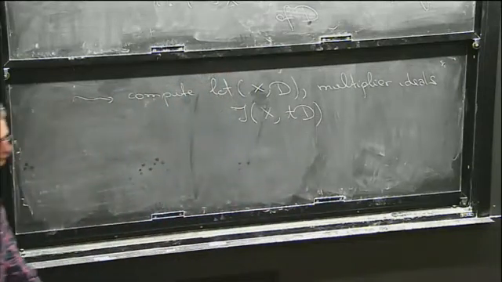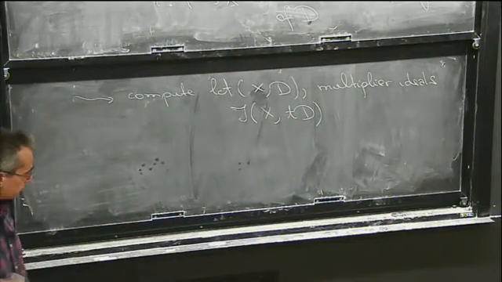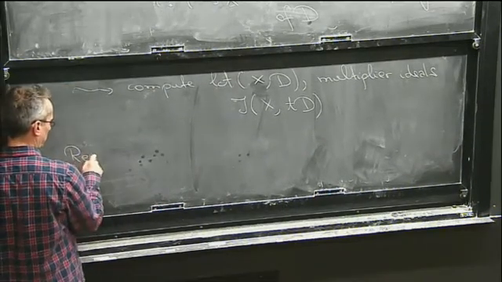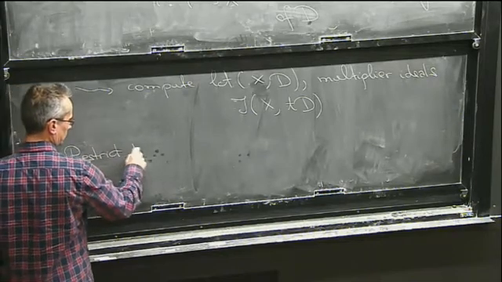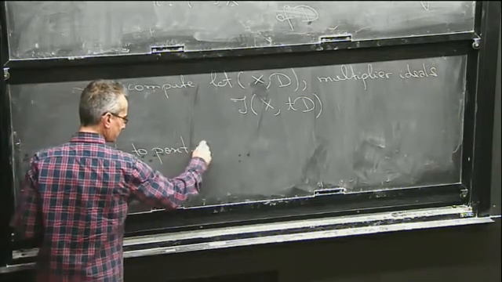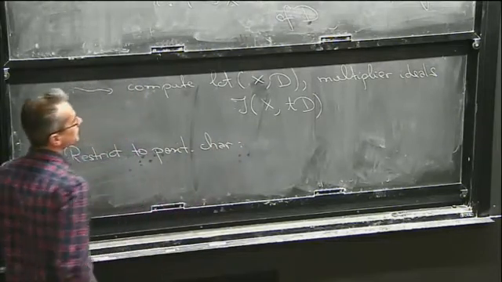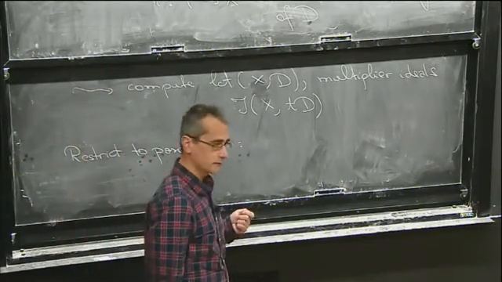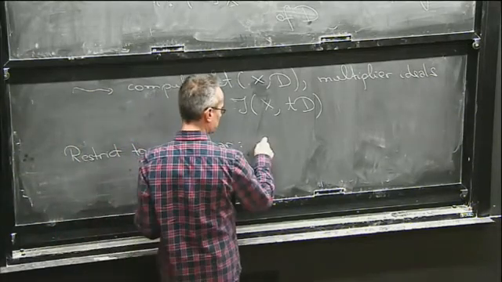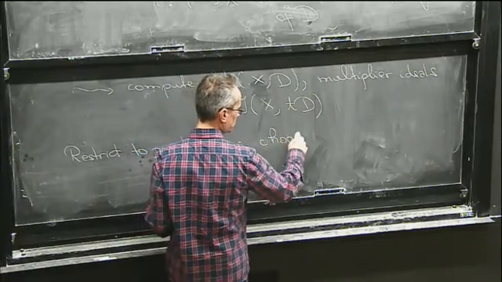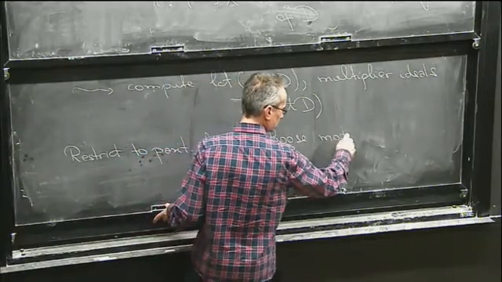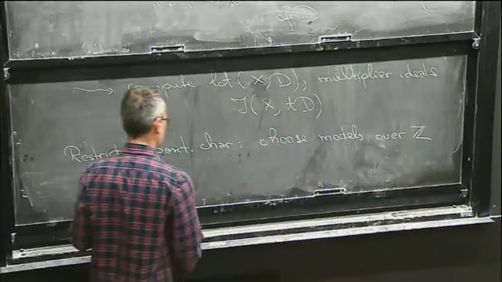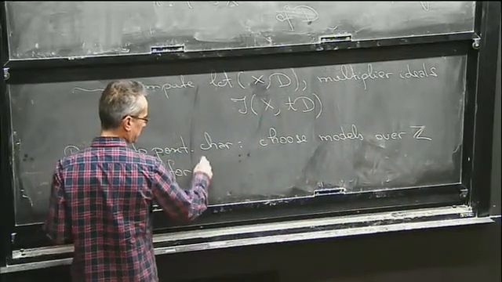All right. So now what you want to do is reduce to mod p. So now we'll restrict to positive characteristic. What I mean by this is the following. In the simplest case, when you work over the rational numbers, you just get rid of the denominators. So choose a model over Z for all these, clearing denominators.